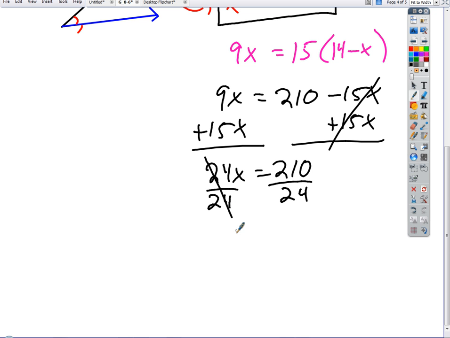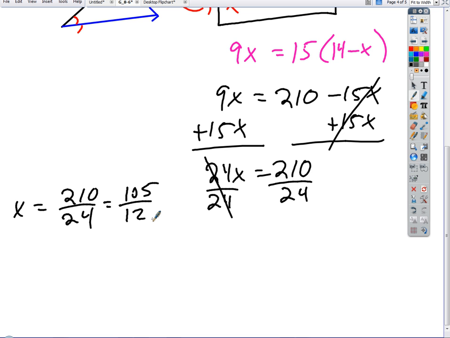And so I get x equals 210 over 24. Well, I'm not sure how much we can reduce that. I could divide them both by 2 and get 105 over 12. 3 goes into both of those. How do I know 3 goes into both? Great trick.